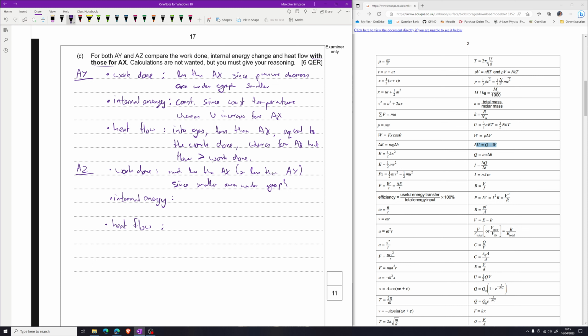Internal energy this time decreases, since temperature decreases. And again, let's make sure we're referencing it to AX, whereas U increases for AX.